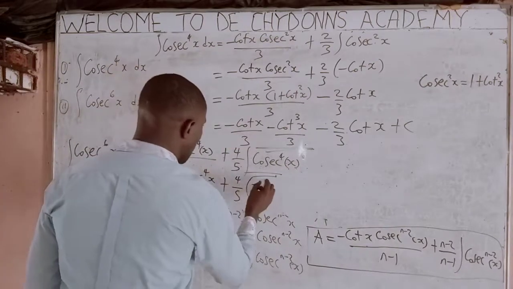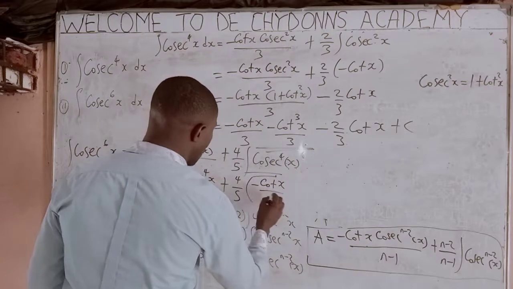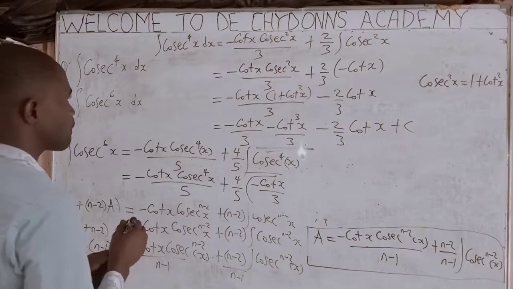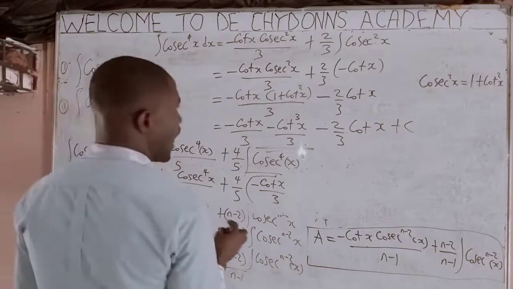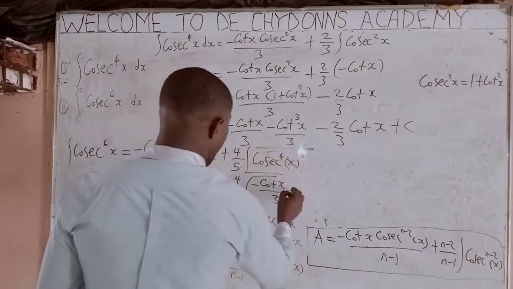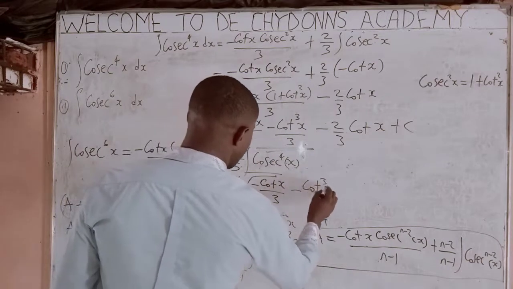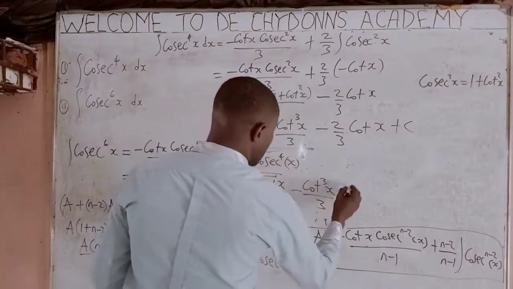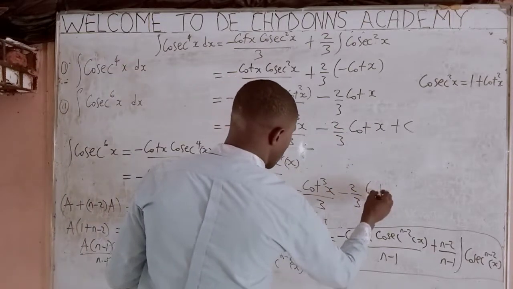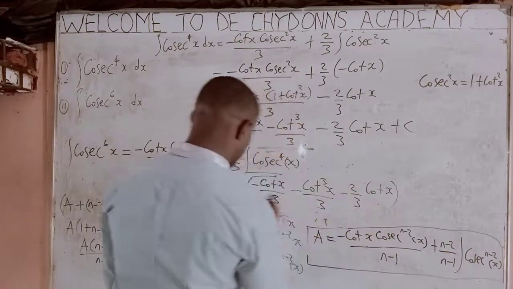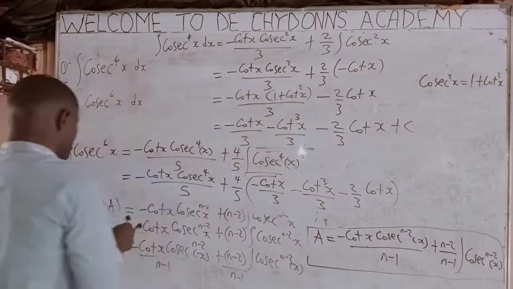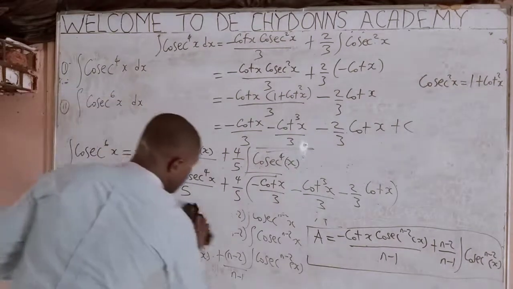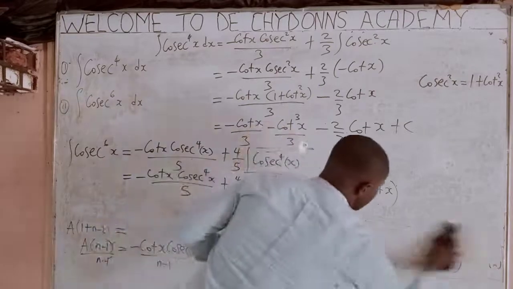I will now put minus cot x all over 3, minus cot raised to power 3 x all over 3, I will also say minus 2 over 3 cot x.